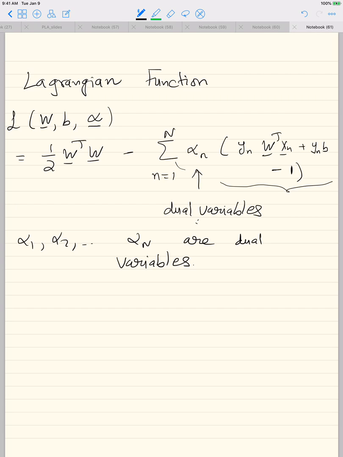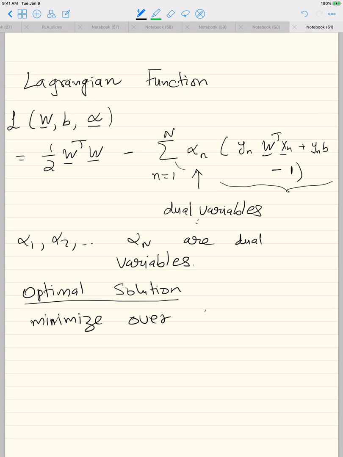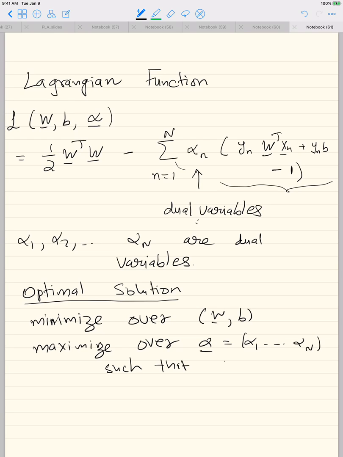So it turns out that the optimal solution of the constrained optimization problem can also be obtained using the Lagrangian function, where we still minimize over the variables w and b, and we maximize over the variable alpha, such that all the alpha i's are non-negative.